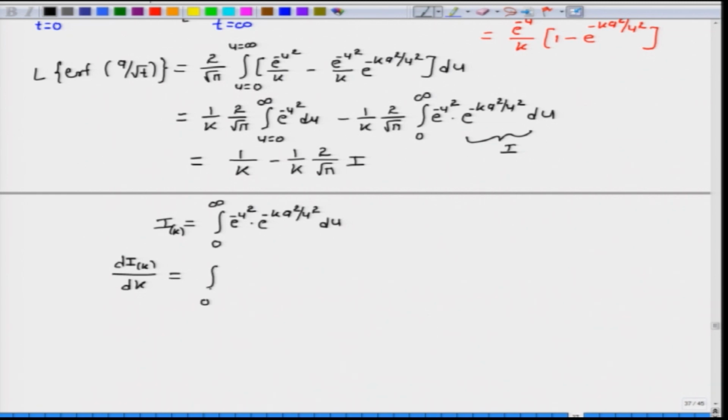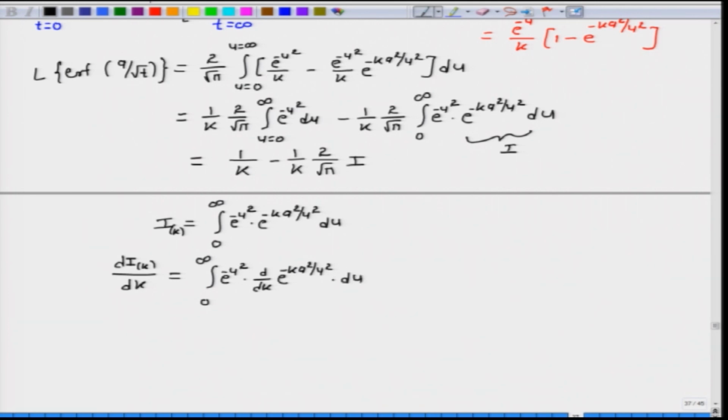If we take a derivative of I with respect to k, so dI of k by dk, that should be equal to integral 0 to infinity e to power minus u square times d by dk of e to power minus k a square by u square du.